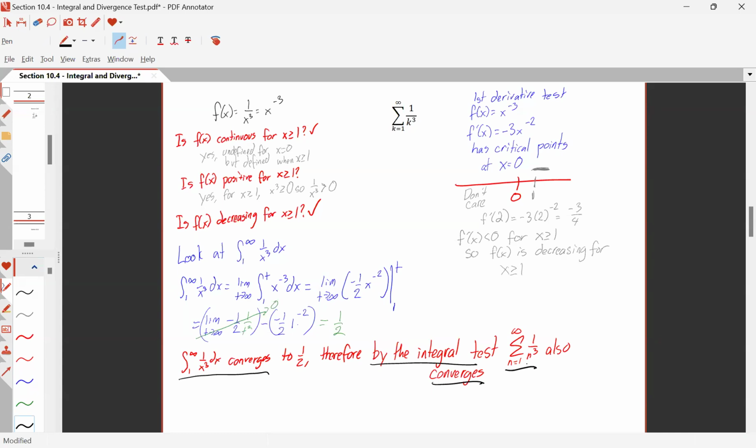Now, when we first started working this problem, or the integral of the problem, I said we had done this integral before. We have. It has been worked in the improper integral section. We already had found that that integral converges to 1/2.